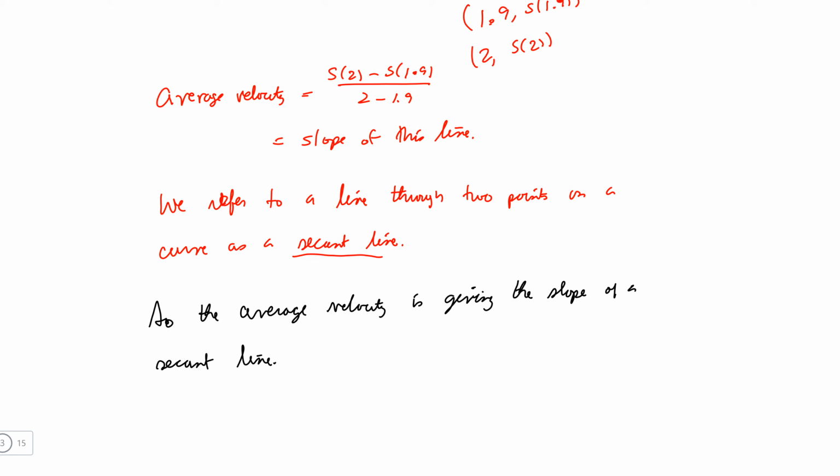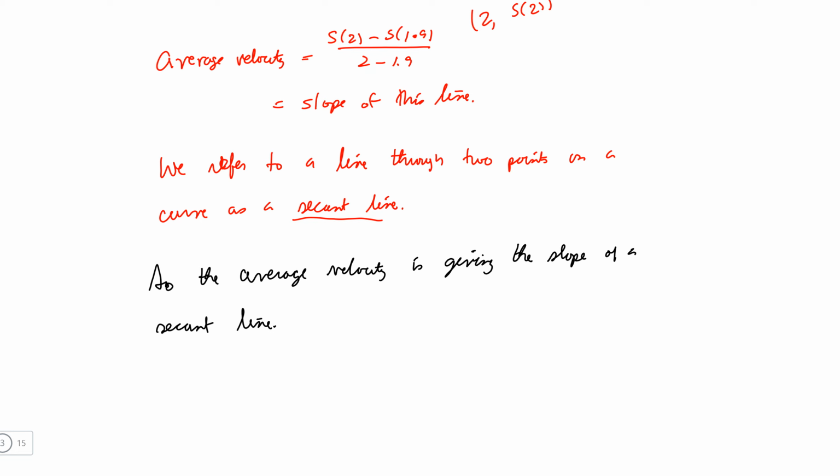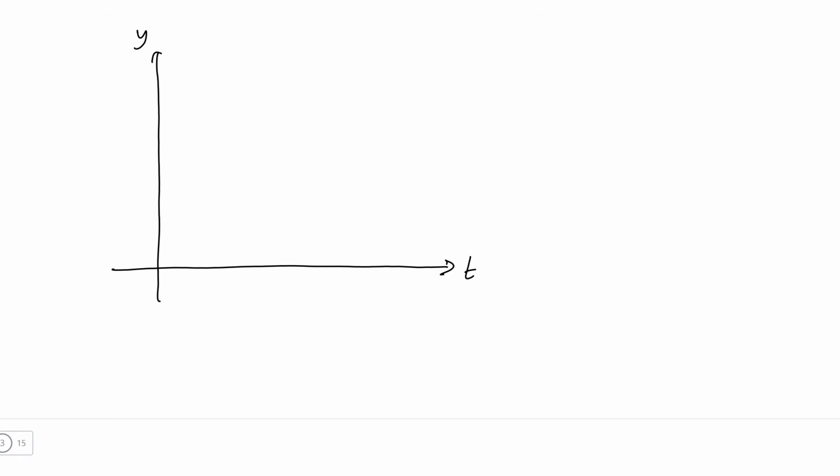Now, what's happening is we take these points and let the values get closer and closer to 2. Let's think about zooming in on our graph. Let's pretend we zoomed way in, so we're much closer now. It just looks like this, and we'll exaggerate a little bit to make it look better.